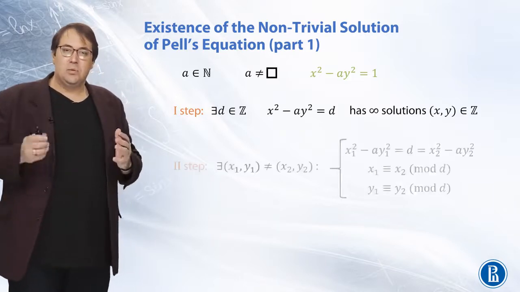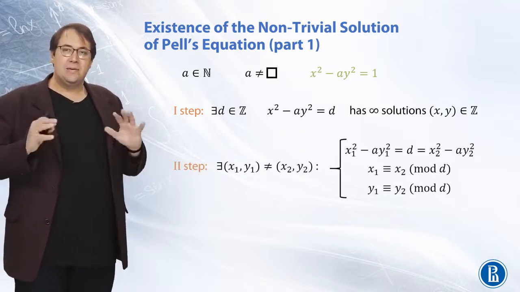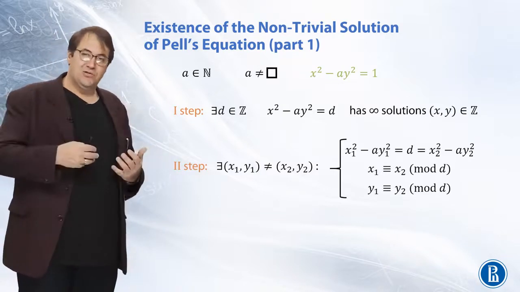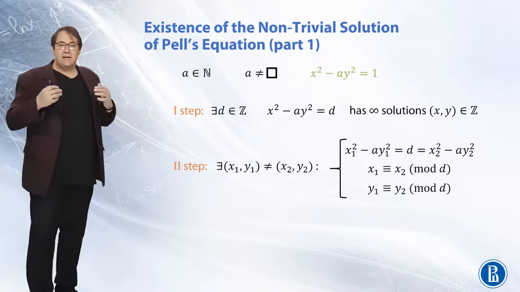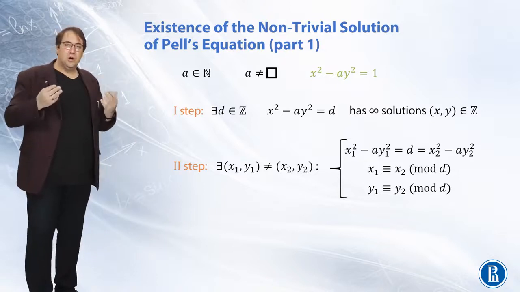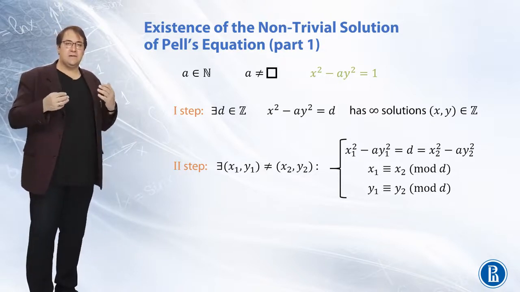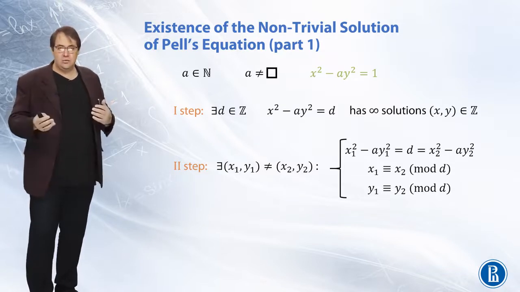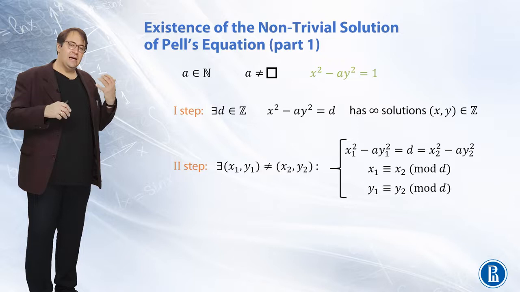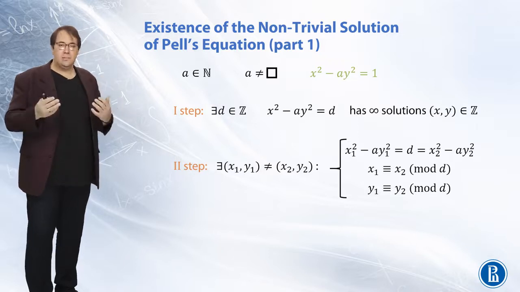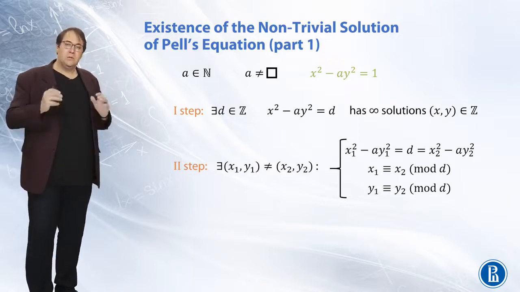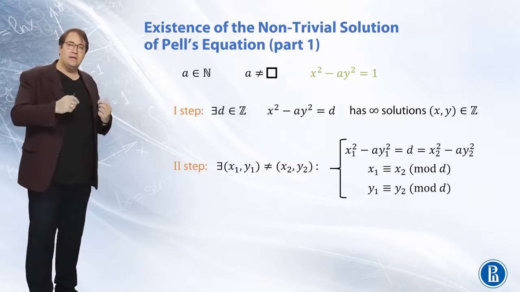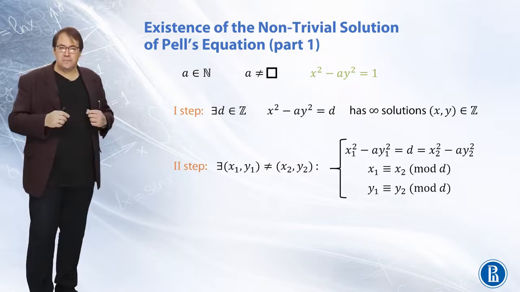The second step will be to show that there exist two solutions of the equation from the first step, which also satisfy the congruence condition. x1 and x2 must be congruent modulo d, and y1 and y2 must also be congruent modulo d, where d is the same one as the one in the right-hand side of the equation.